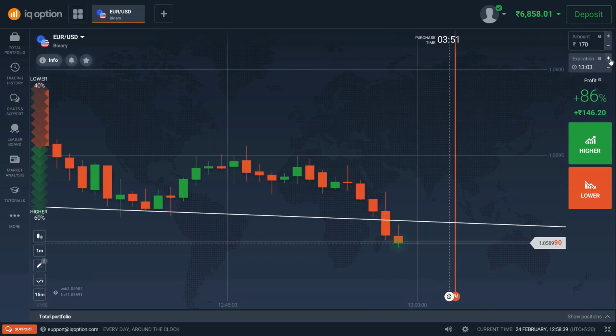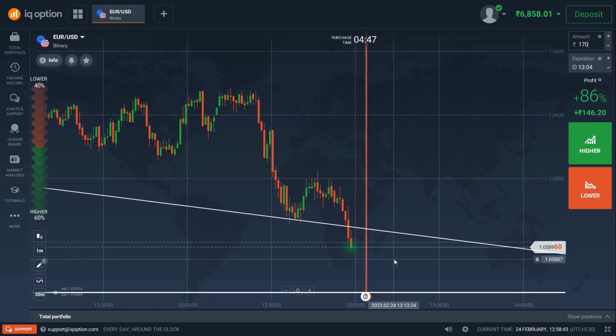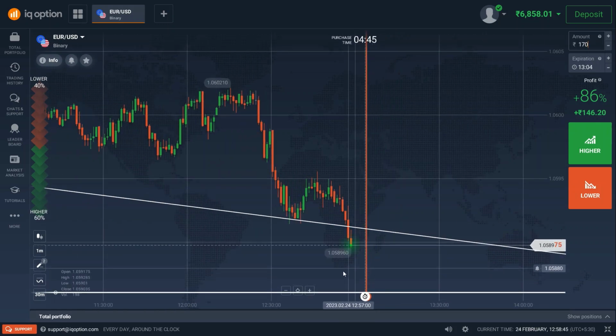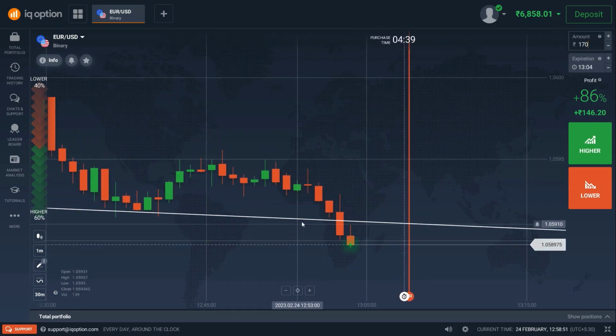And the expiration would be for 5 minutes. We had good enough room to take a trade here, but let's just wait for another opportunity.